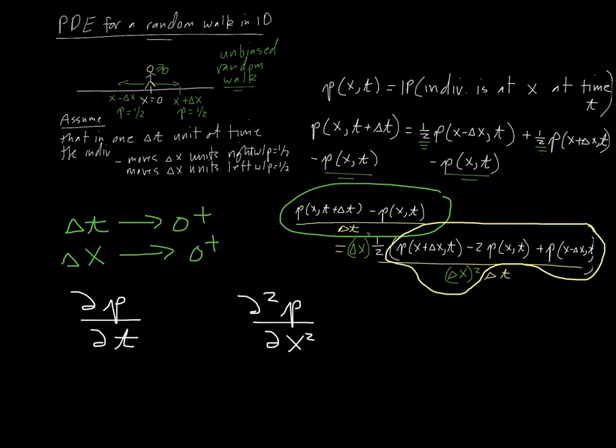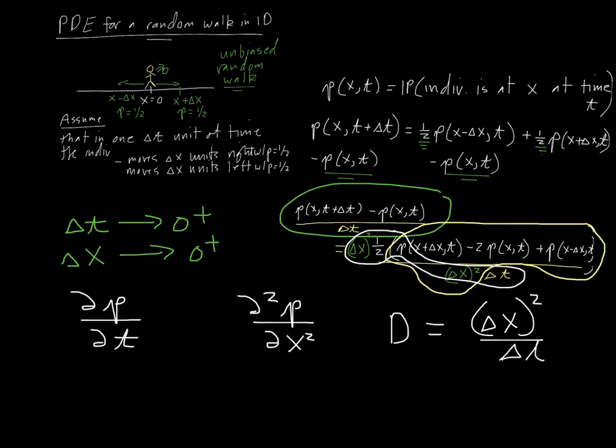And then lastly, we group the remainder of the terms. We take this 1/2 times delta x squared and group it with the delta t, and we assume that D is equal to that collection, and we are going to assume that that's constant as those two processes, the time scale and the space scale, go to 0.